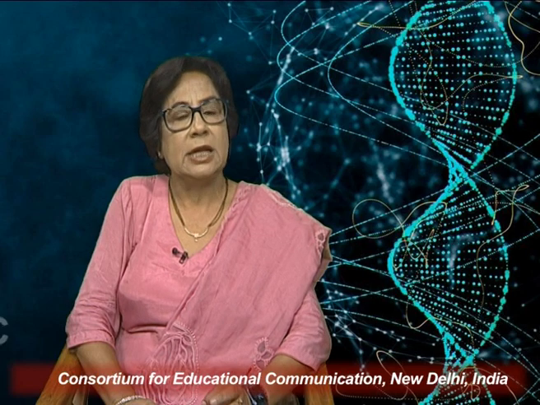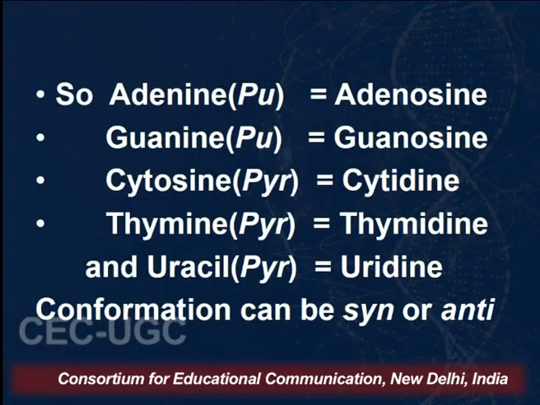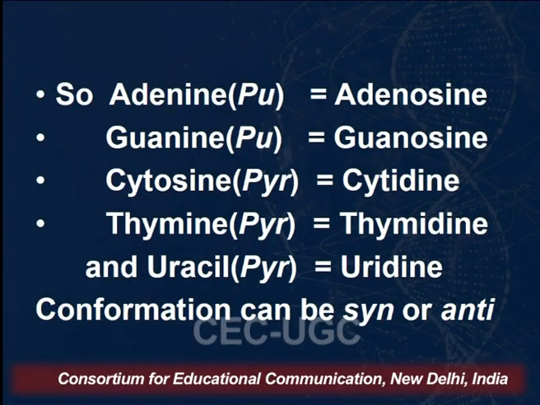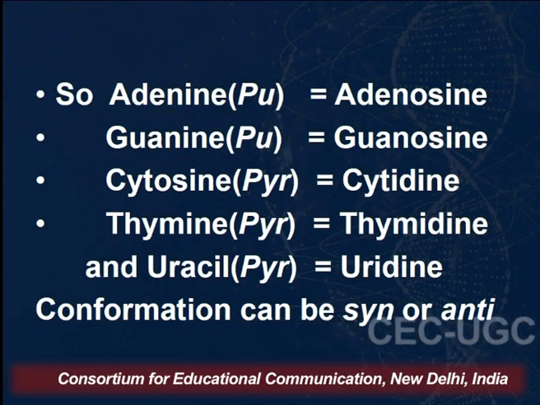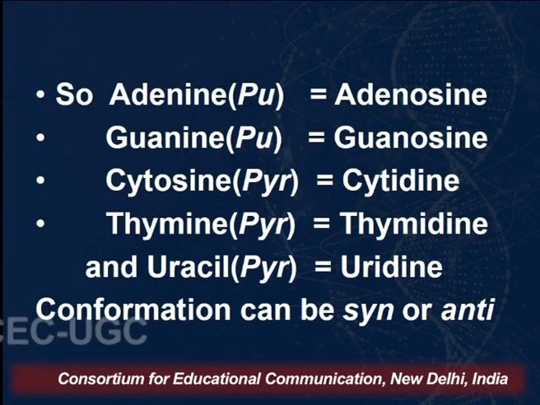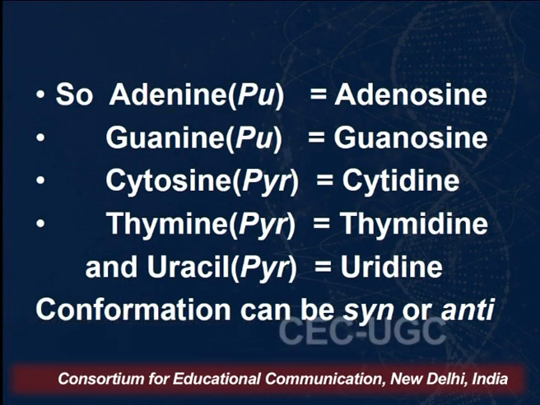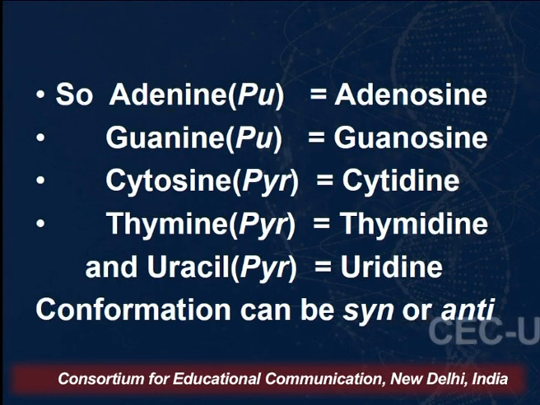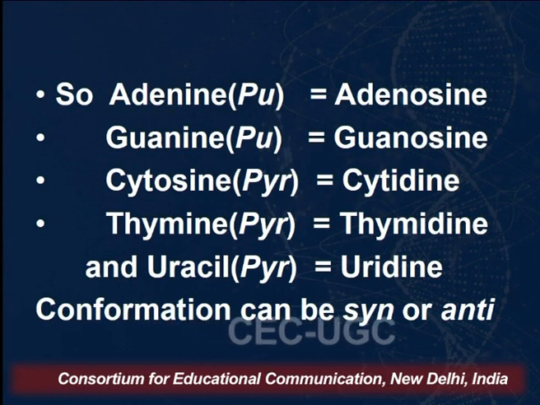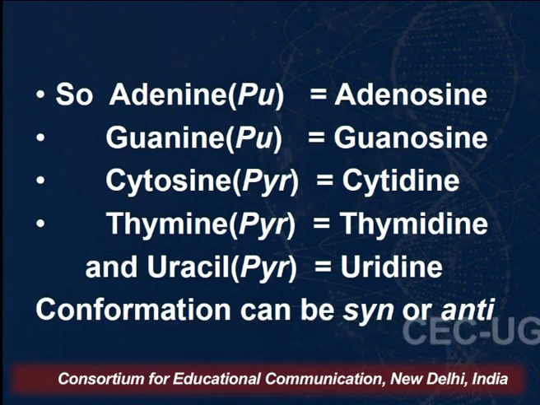If the purine is adenine, what will we do? We will convert ine into osine. That means adenine will become adenosine. That is the name of the nucleoside. If it is guanine, which is again a purine, you will convert ine into osine, so the name will become guanosine.